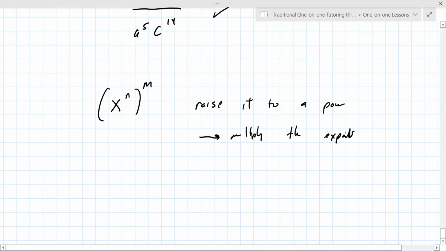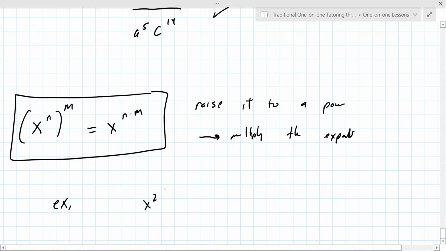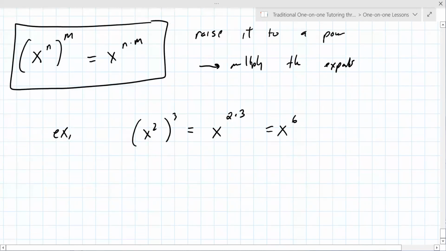So this equals x to the n times m. Here's an example. Let's say it's x squared to the power of 3. This becomes x to the 2 times 3 power, or x to the 6th.